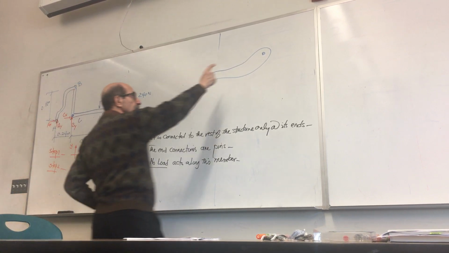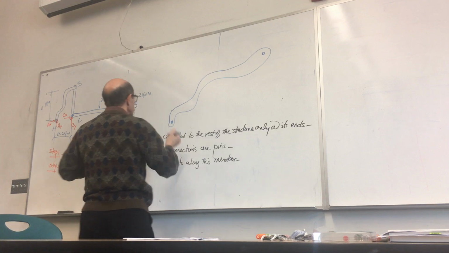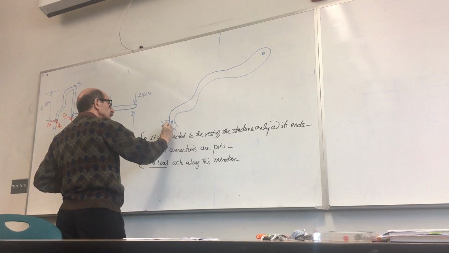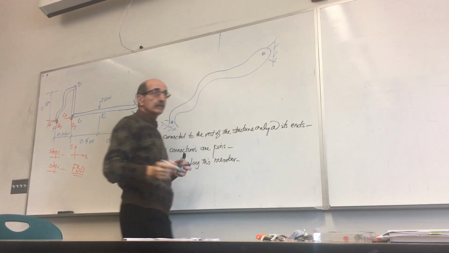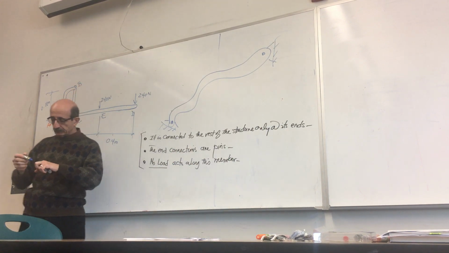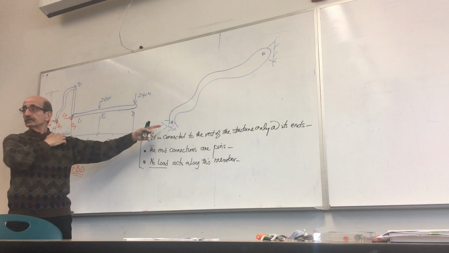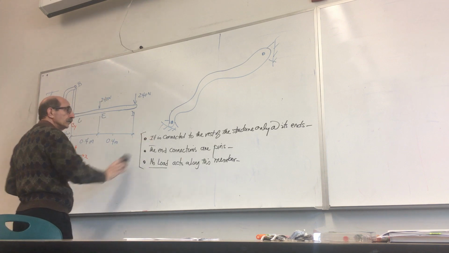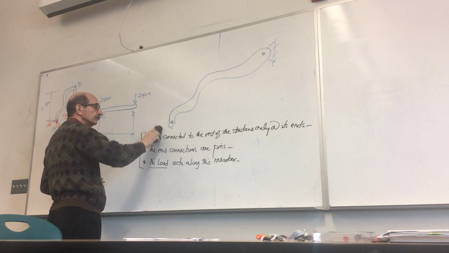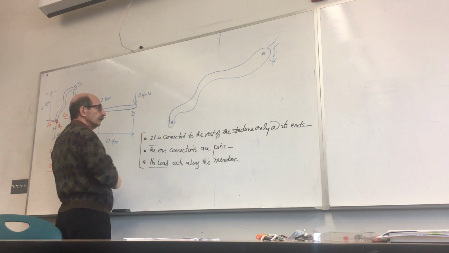This is pinned, this is pinned. In other words, if this structure was connected to the rest like this, let's look at its free body diagram. This means how many unknowns? I would remove it, right? Represents two unknowns, right?